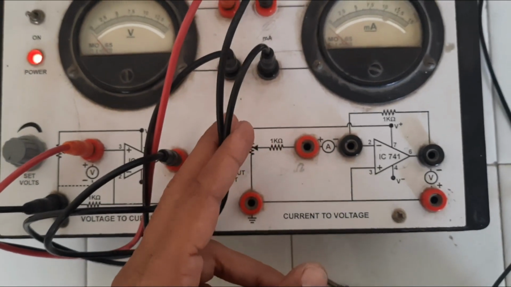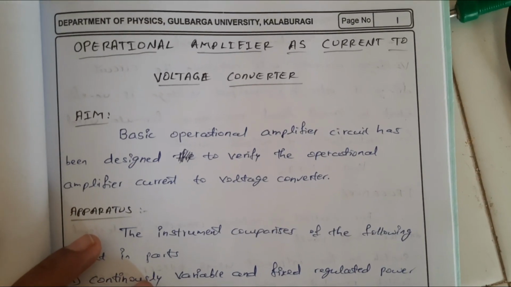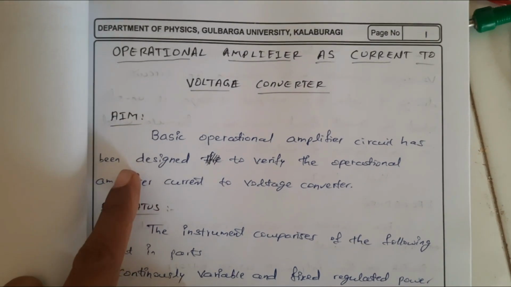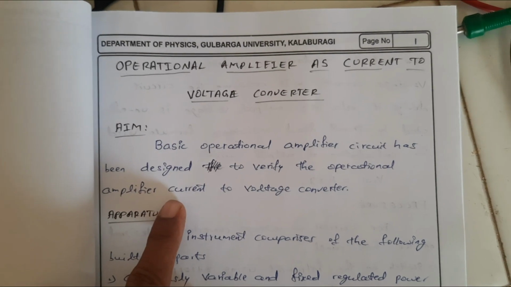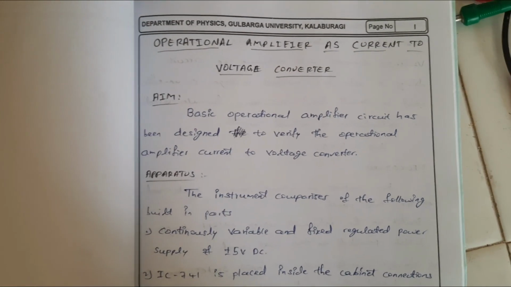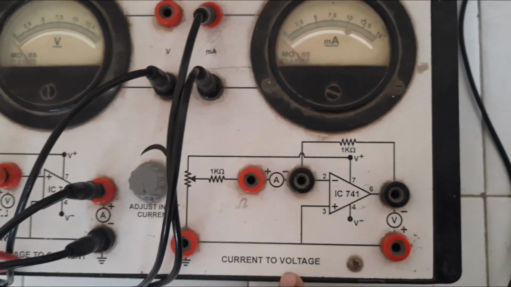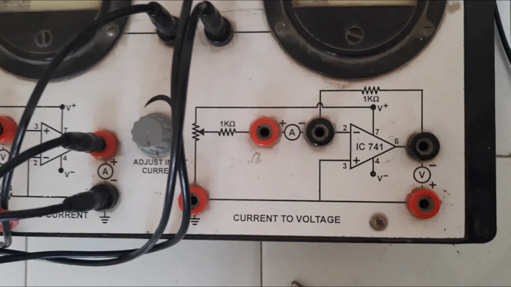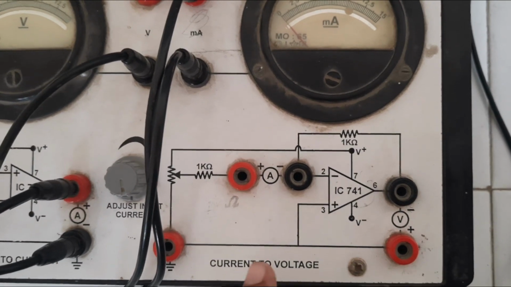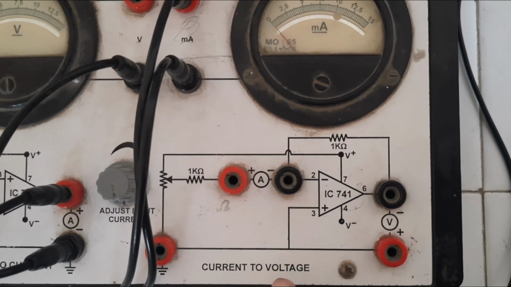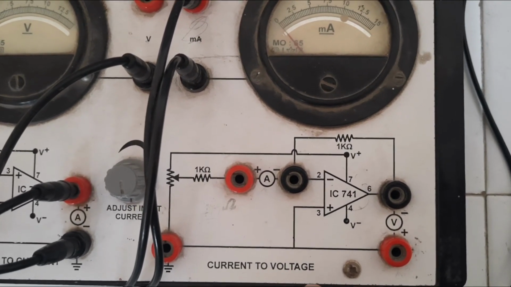Let us do the circuit connection for the current to voltage converter. In this experiment, the aim is that the basic operational amplifier circuit has been designed to verify the operational amplifier as a current to voltage converter. In this converter, current is used as the input current, and the output we get is the output voltage with respect to the resistance.